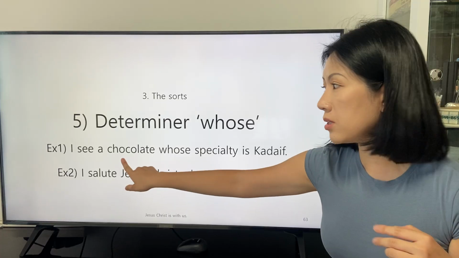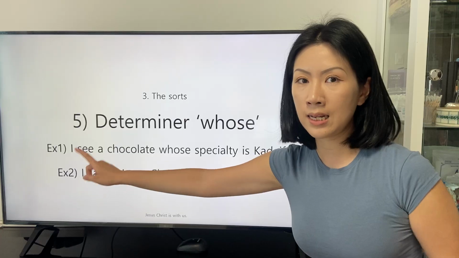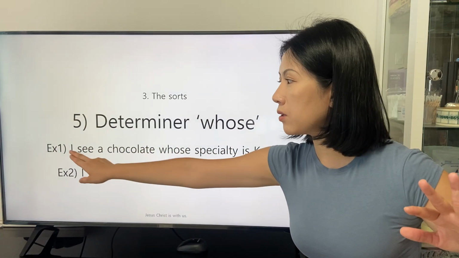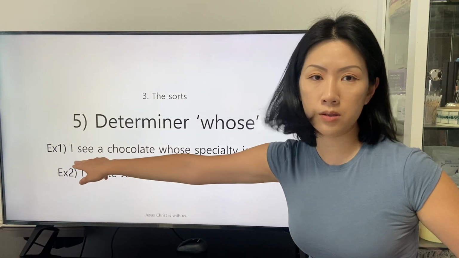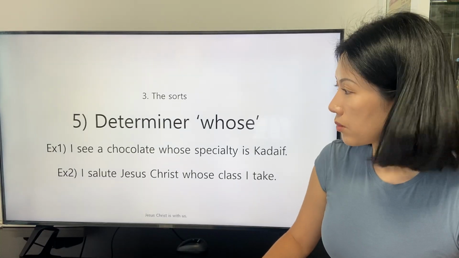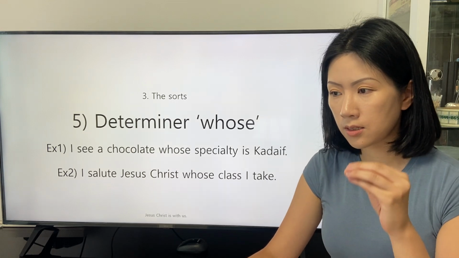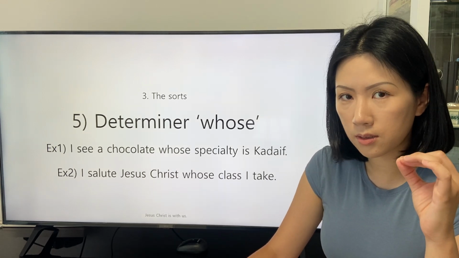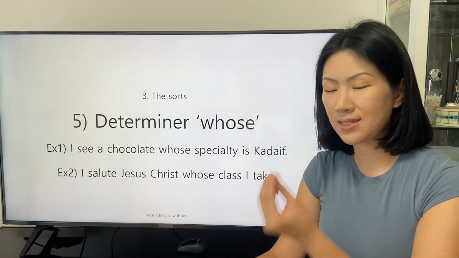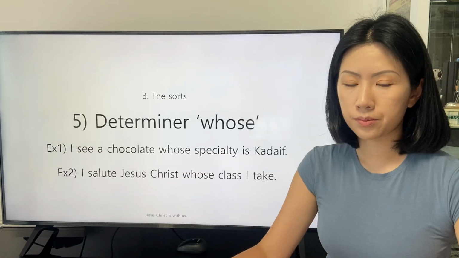A chocolate is not a person, but this chocolate receives the definition of the transitive verb see, in the interaction with the speaker, who is a person. So we find that the application of the determiner whose is compliant with how we use the possessive determiner in a clause.